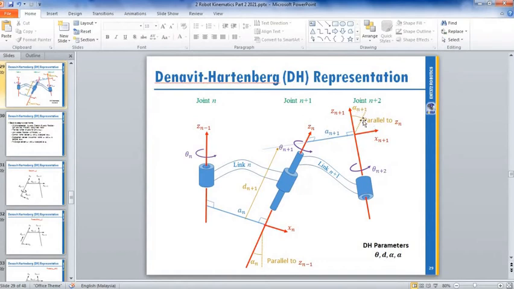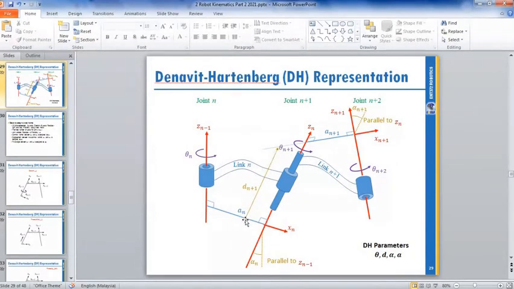Alpha is the angle about the x axis. a is the distance or link between joints along the x axis. For z, the rotation about the z axis is theta, and the length along z, maybe your arm length or traveling length, we call d.